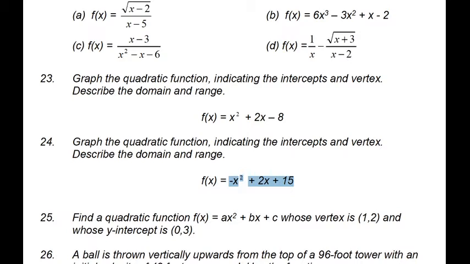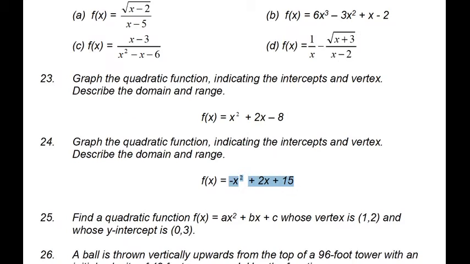So if you were to solve this equation with -x squared plus 2x plus 15 equals 0. Oh, let me rewrite that. -x squared plus 2x plus 15, all of that equals 0. Again, I would divide a -1 out of here. So then you're left with the following. x squared minus 2x minus 15 equals 0.